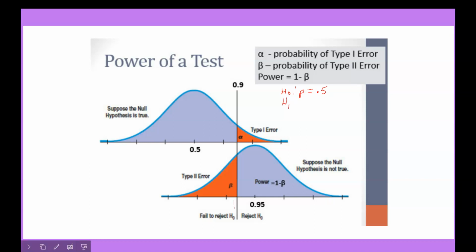It's a right-tail test, so the alternative is that p is greater than 0.5. What this vertical line represents is the p-hat, the test statistic. To the right is our rejection region, and to the left of that vertical line at the top represents when we don't reject.